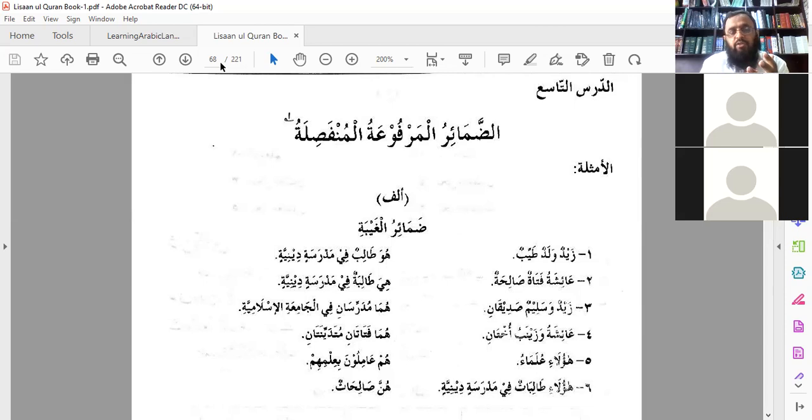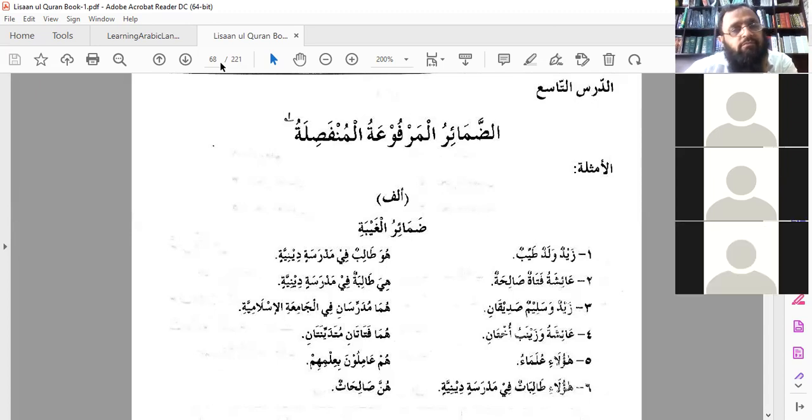In third person singular he, she, it, three, and they, four. Means totally we have got 8 words, but in Arabic there are 14. How many are there? 14. In Arabic, there are 14.